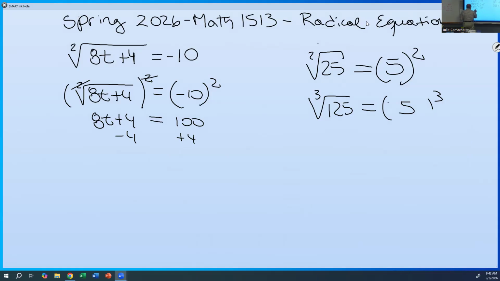When you do that, you end up with 8t is equal to 96, and you divide both sides by 8, the answer is 12. So t is equal to 12. That's supposed to look like a real answer.